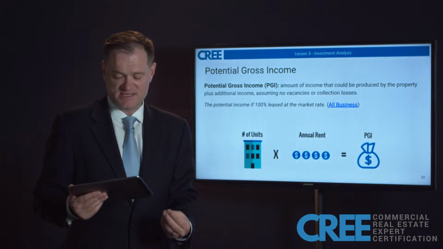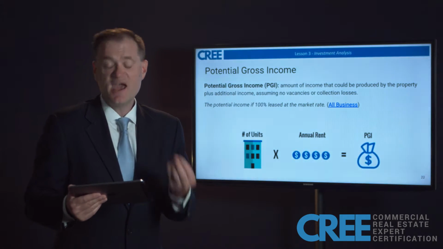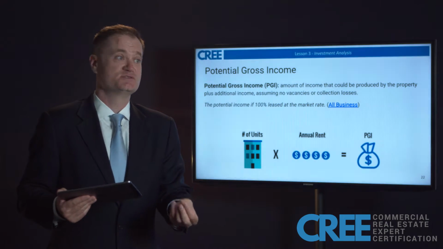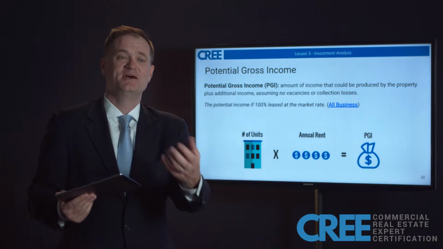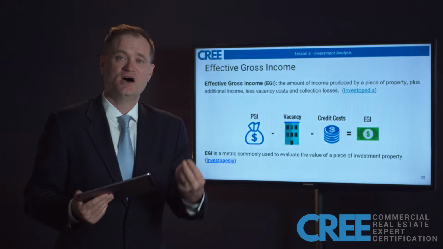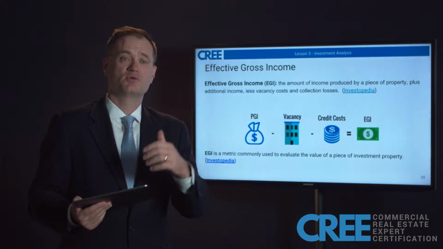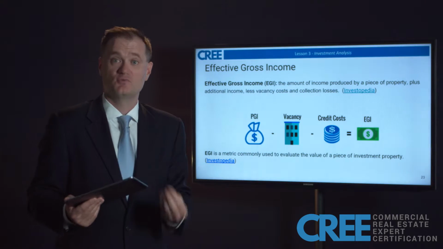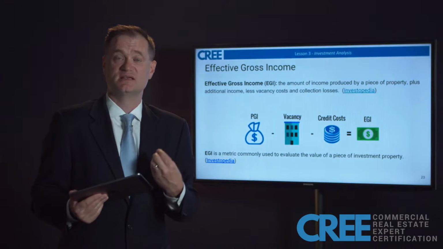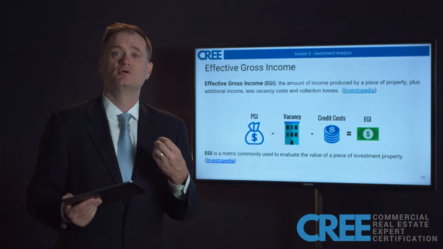Now we have to then take out a vacancy rate or a collection loss. So if the vacancy rate is 50% in the market, then we're going to take off 50% in that line item. In the Knox Street template, we had the property fully occupied and we took off 3%. So you have to take off what's called a stabilized vacancy and credit loss for your market.